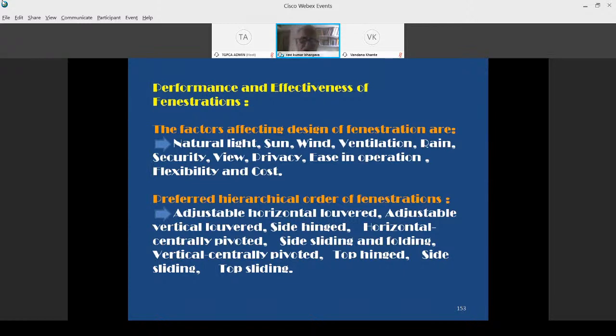It will provide ventilation and air movement, and block driving rain also. If you turn them upward, then it may even allow sun rays inside. So depending on your requirement, you can adjust the angle of these louvers to your benefit. Okay, friends, that is my study and my recommendation.